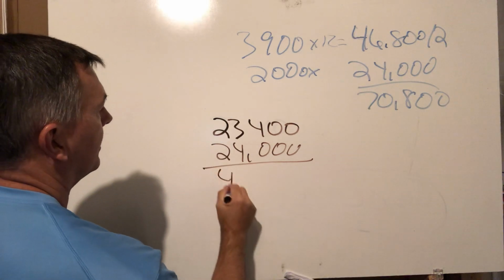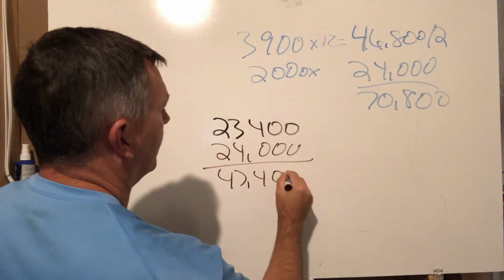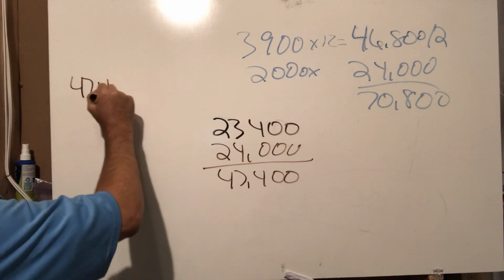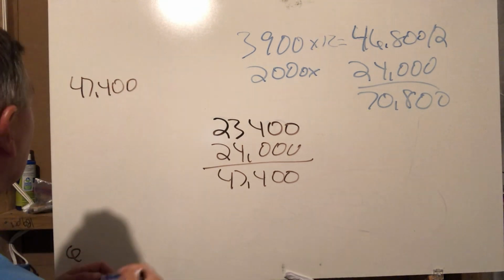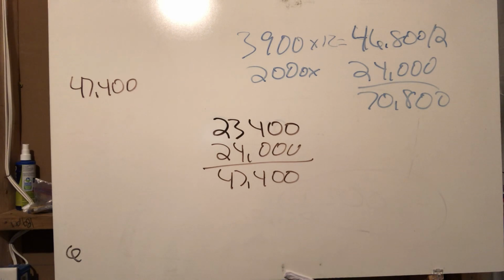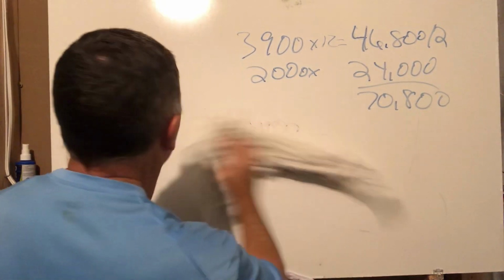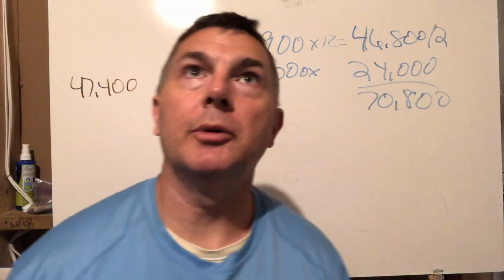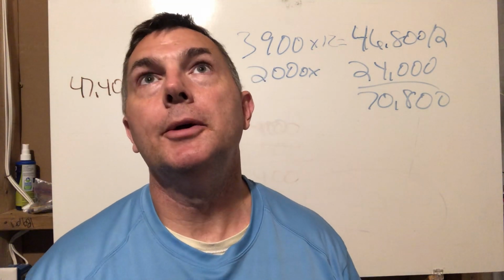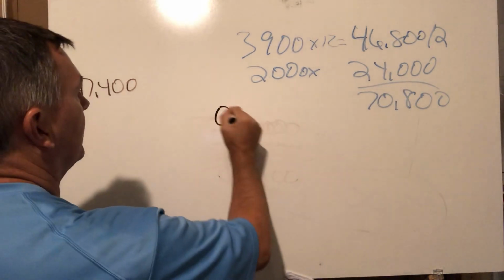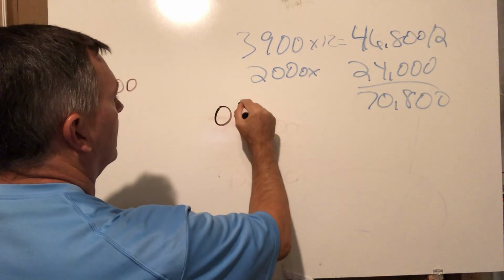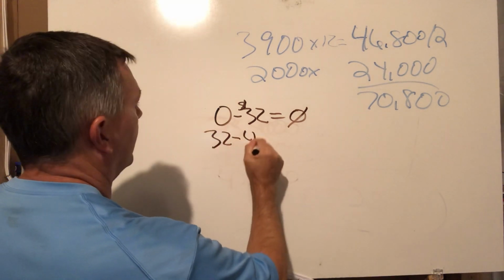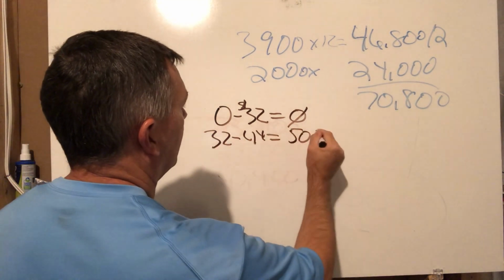So that's 47,400. That's their provisional income. But now the question is, how much of that will be subject to taxation for Social Security? All right, so let's write that up there. They're married. So we got the 0 to 32 is not subject to taxes. 32 to 44 is 50% of that.